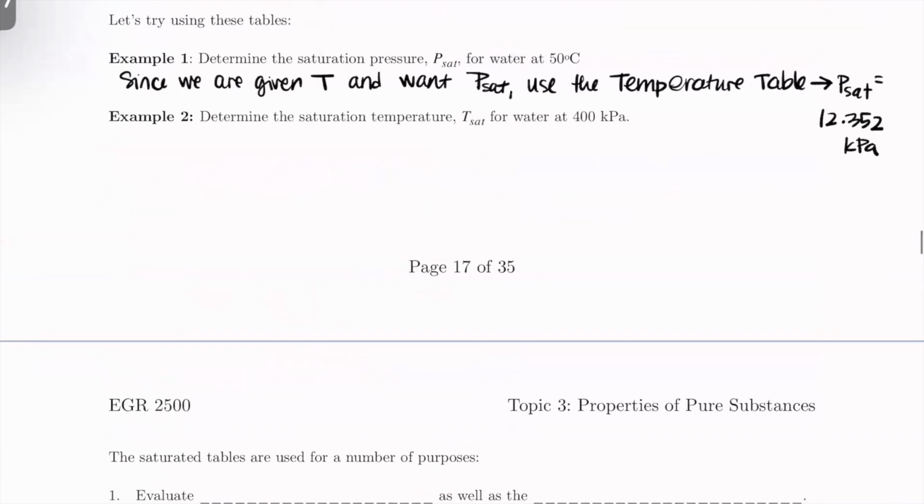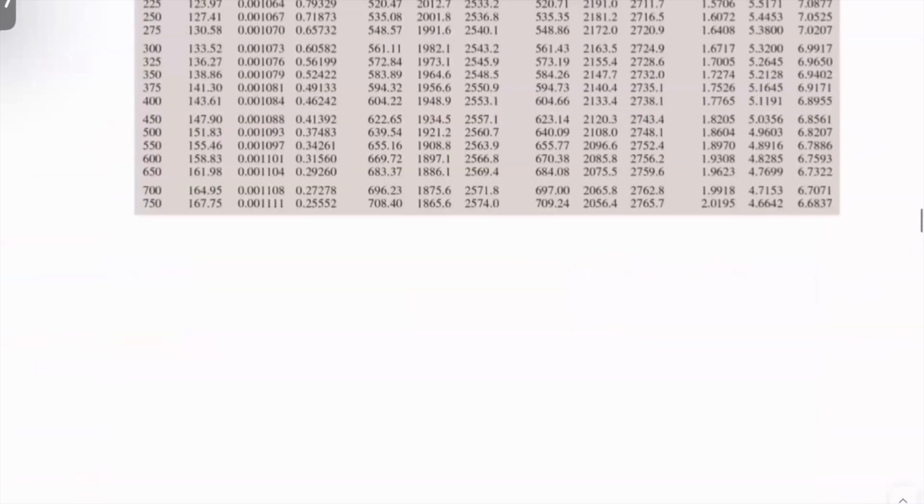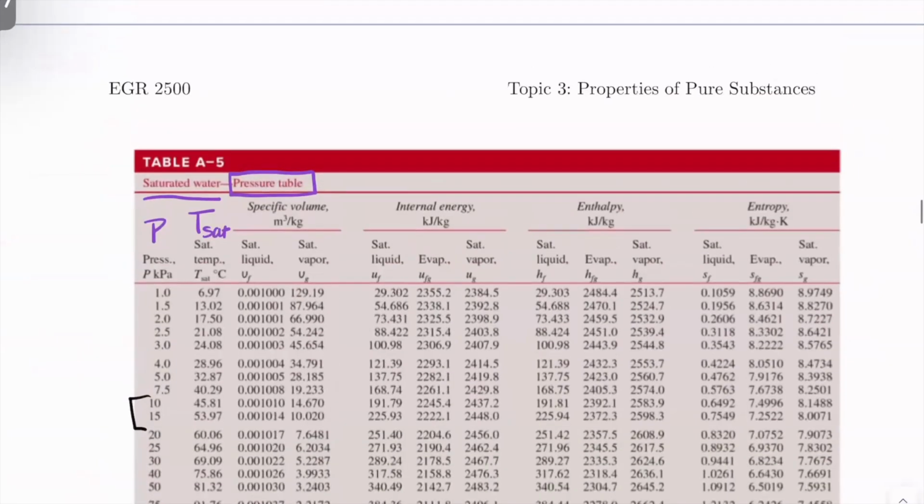All right. Example number 2 is that we want to determine the saturation temperature for water at 400 kPa. So which table should we use for this one? Yes, we should use the pressure table because we're given pressure. All right, and we are going to look up the entry for 400 kPa.